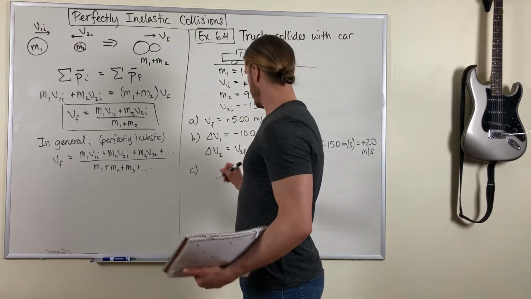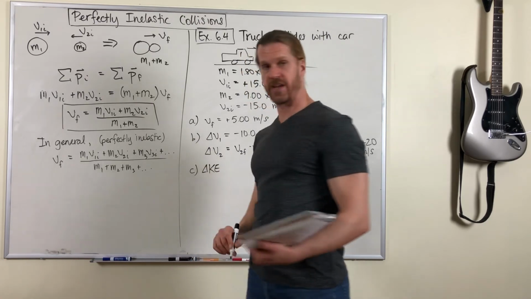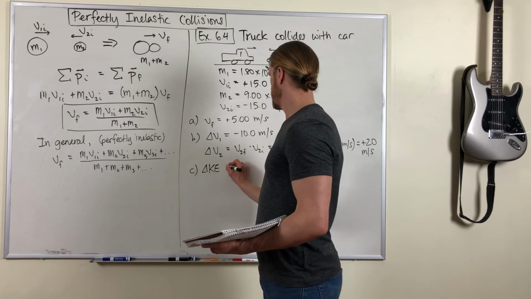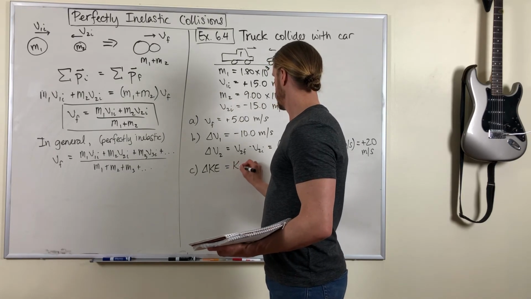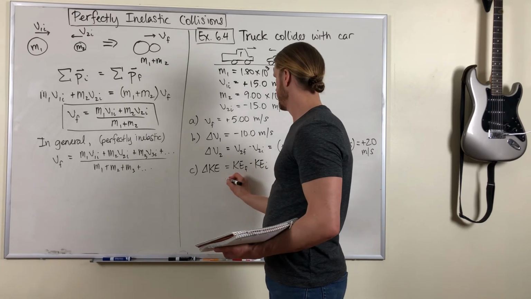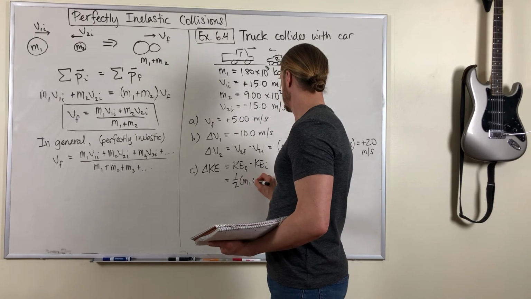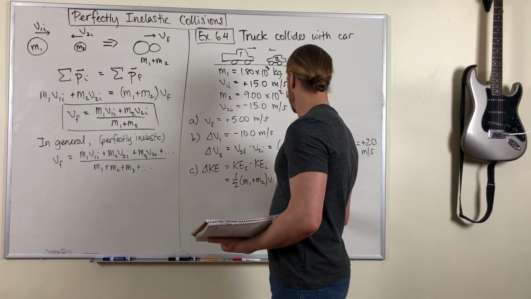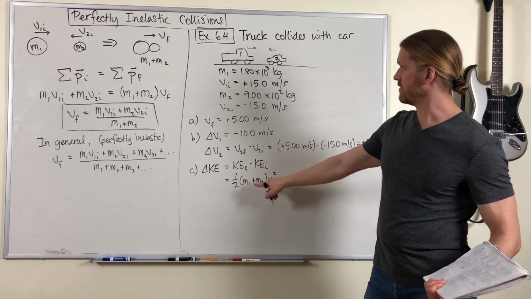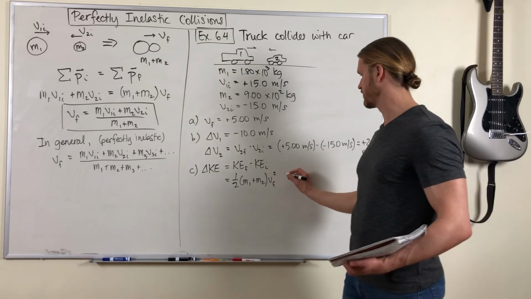All right, and in part C, they ask us to calculate the change in kinetic energy of the system during this collision, meaning KE final minus KE initial, which would be 1/2 m v final squared, where that's the mass of the two connected objects after the collision.